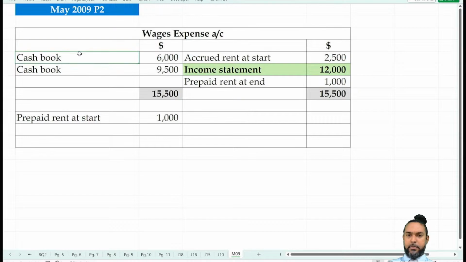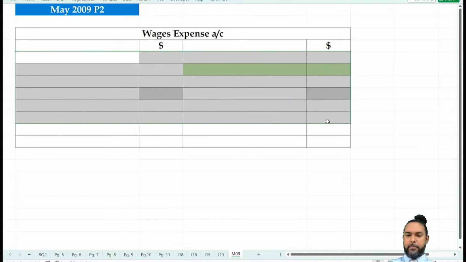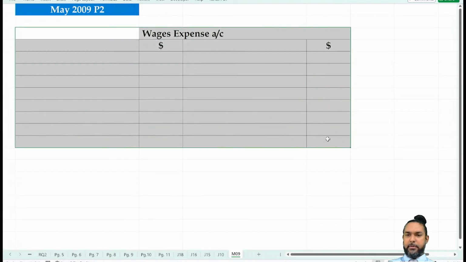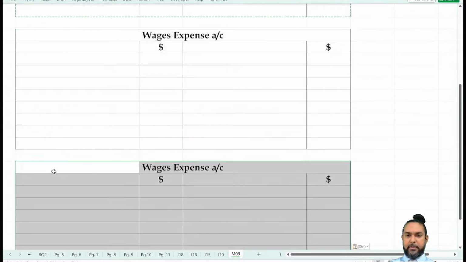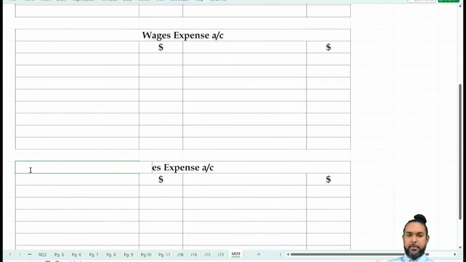So what we're gonna do is clear out everything here. And I'm gonna copy and paste this a couple times because I have 2 more accounts to do after that, right? So we'll just take out where it says wages in these 2.